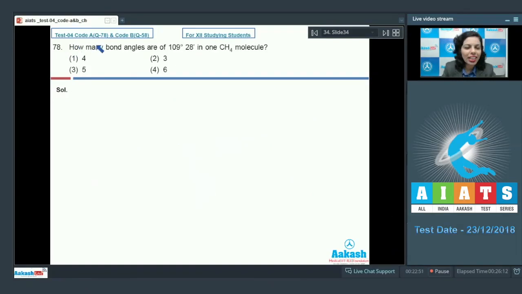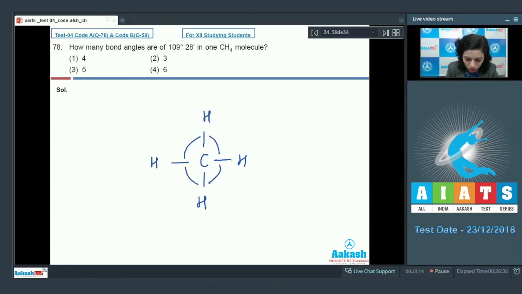Question number 78. How many bond angles are of 109.28 degree in one CH4 molecule? In this case, we have to consider the CH4 molecule. There are 4 hydrogen atoms which are directly attached with carbon atom. In this case, this angle is 109.28 degree. This is also, and this is also, because tetrahedral angle is there.